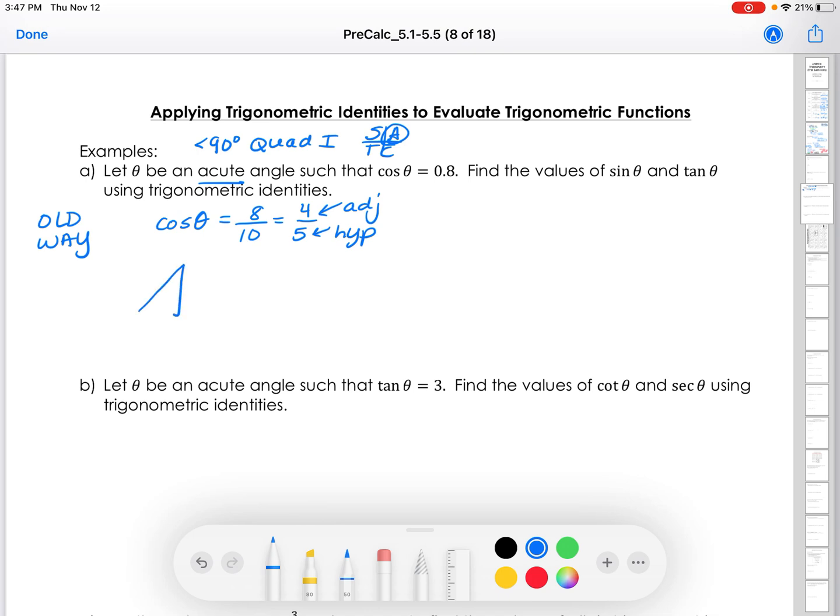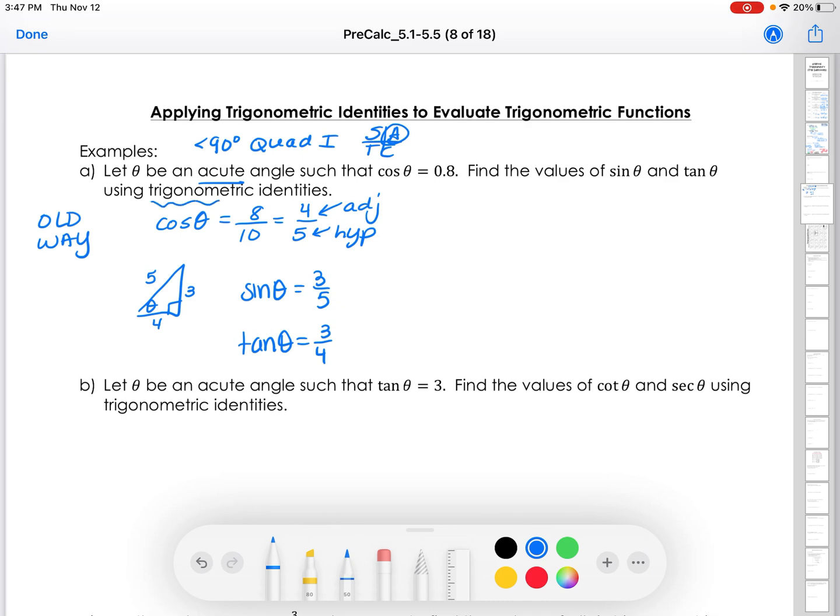So we could draw ourselves a right triangle and say, okay, adjacent is 4, 5 is hypotenuse, this must be 3. And we want to find sine and tan. Well, sine would just be opposite over hypotenuse, and tangent would just be opposite over adjacent. That's the old way of doing it, and there's nothing wrong with doing it that way.